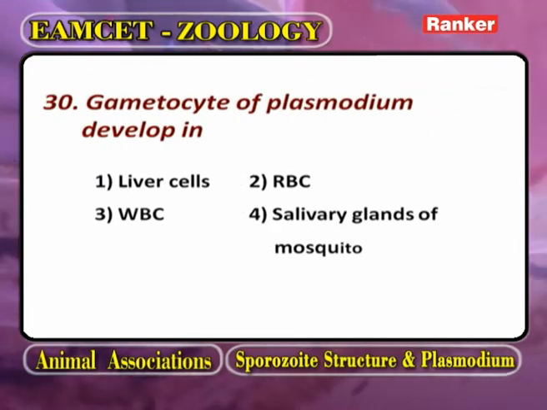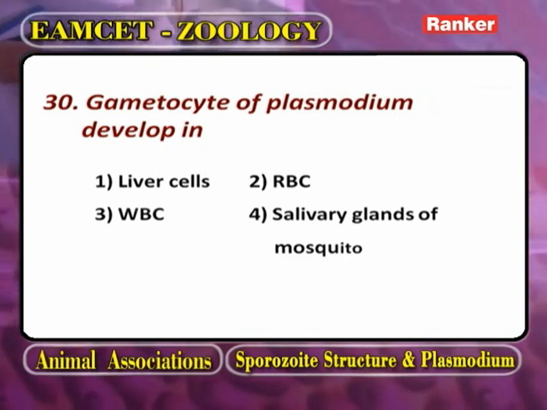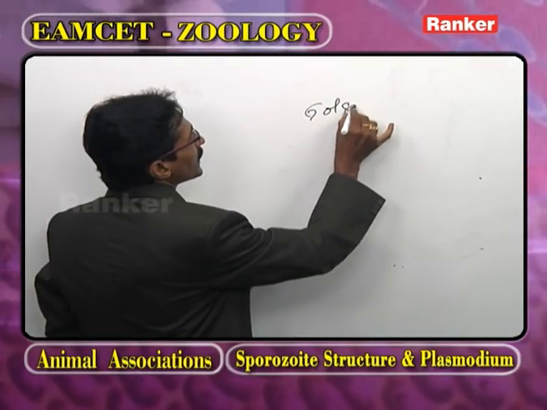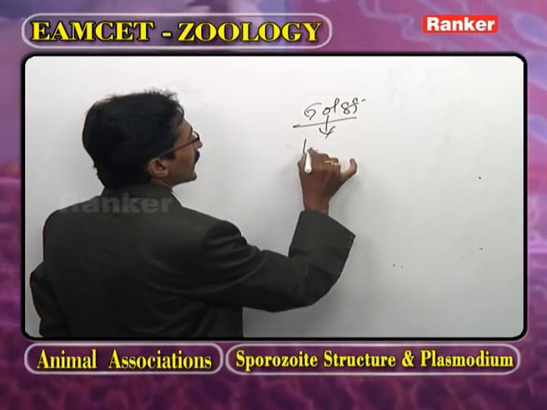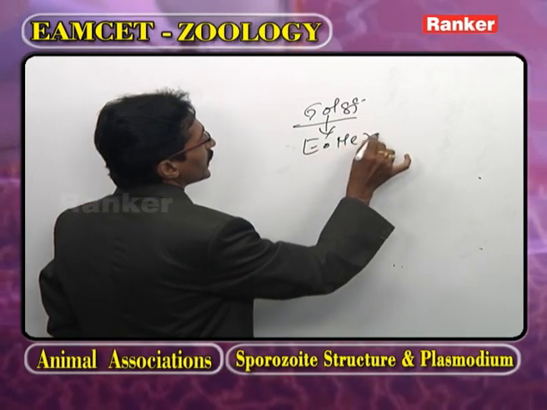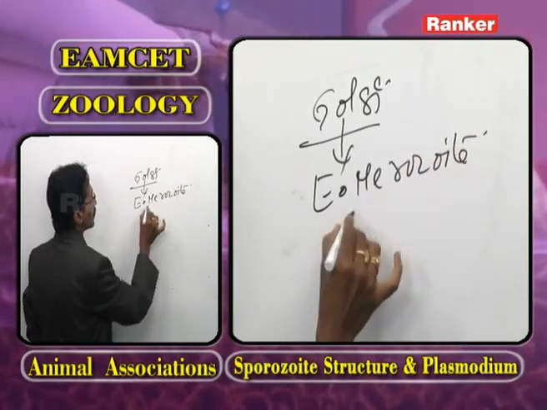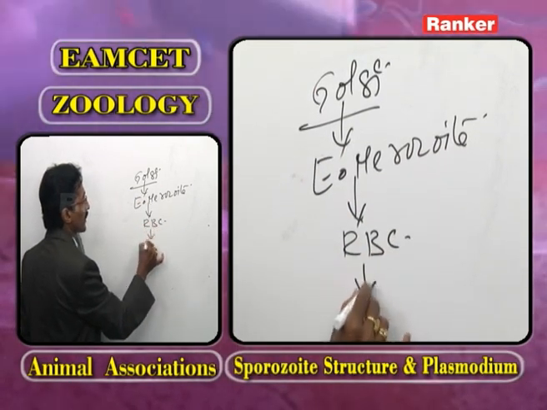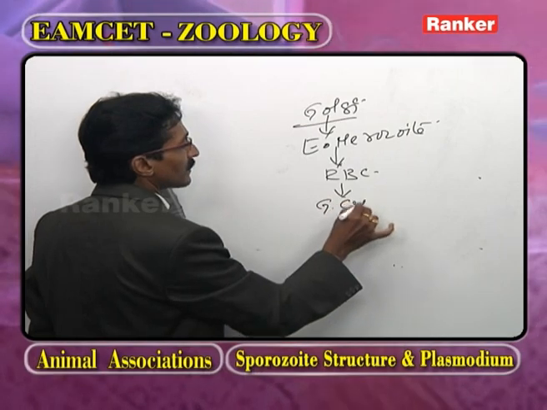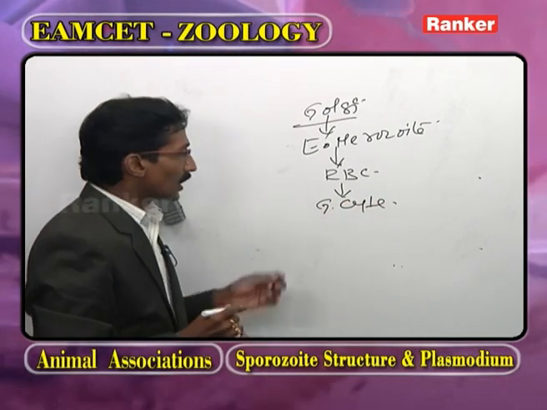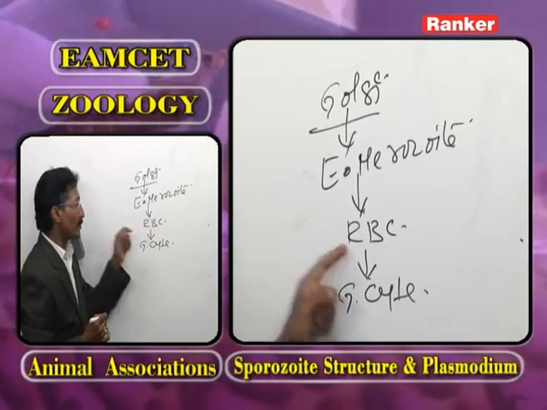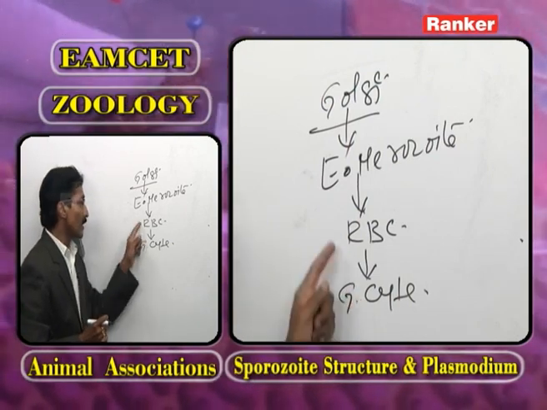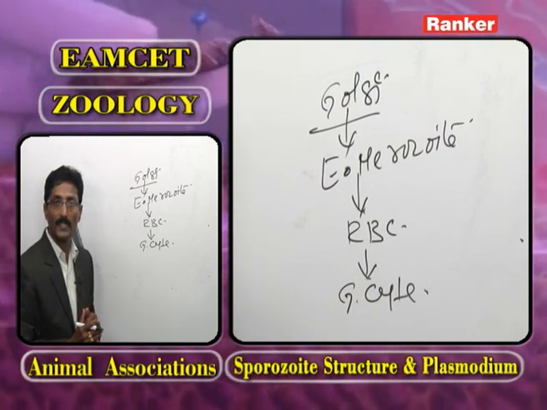Gametocyte of Plasmodium developing. After completing the Golgi cycle, we get the erythrocytic merozoite. The erythrocytic merozoite enters a fresh RBC and becomes the gametocyte. The male gametocyte is present in one RBC, and the female gametocyte is present in another RBC.